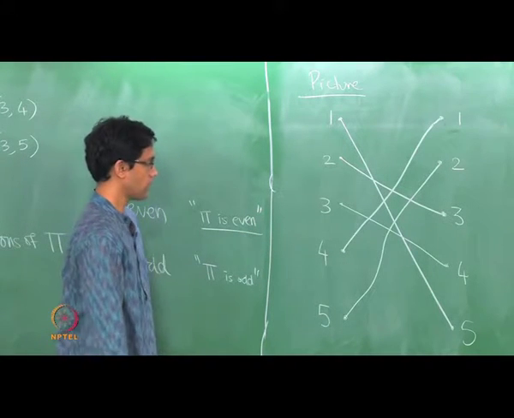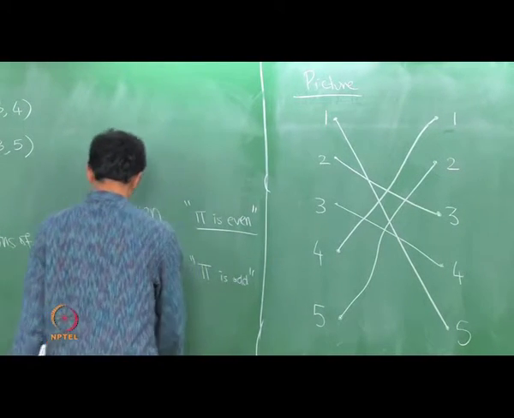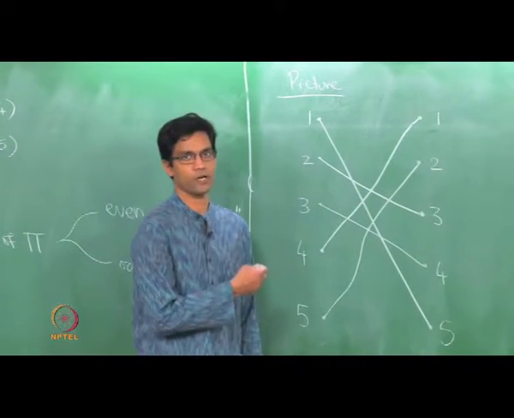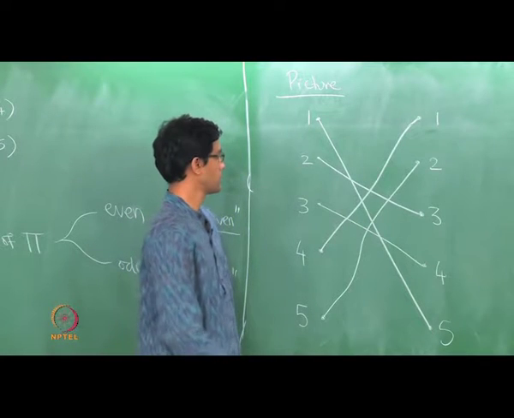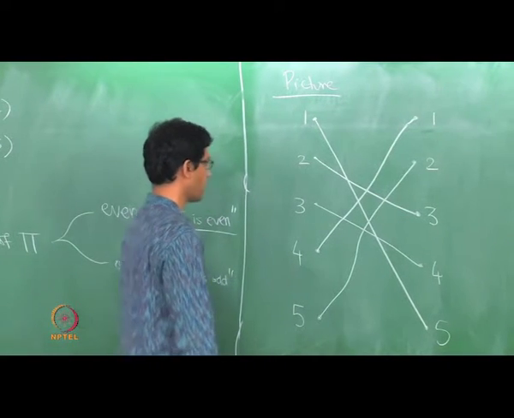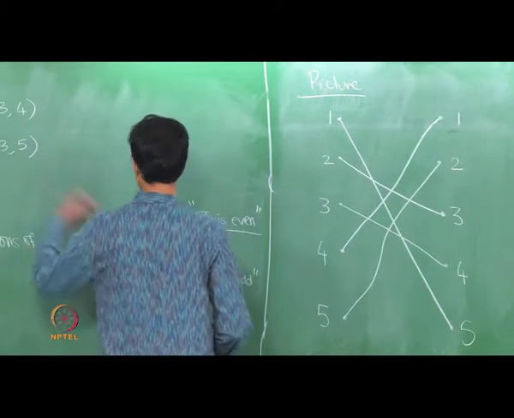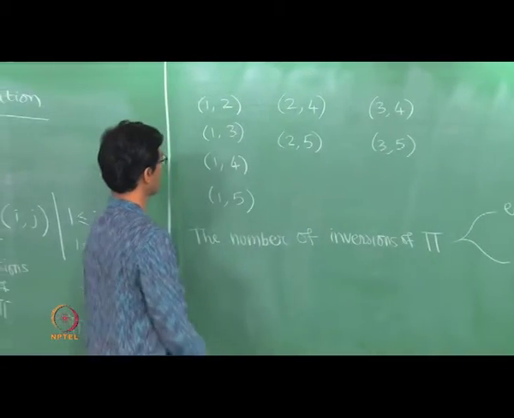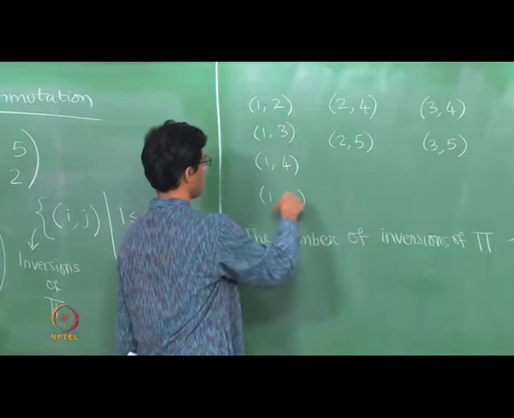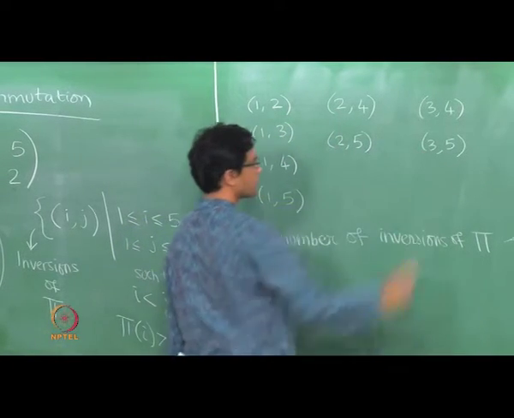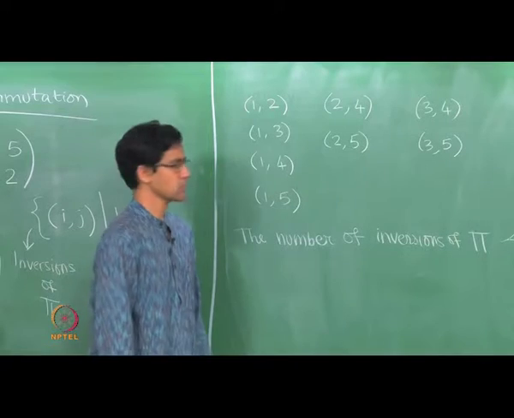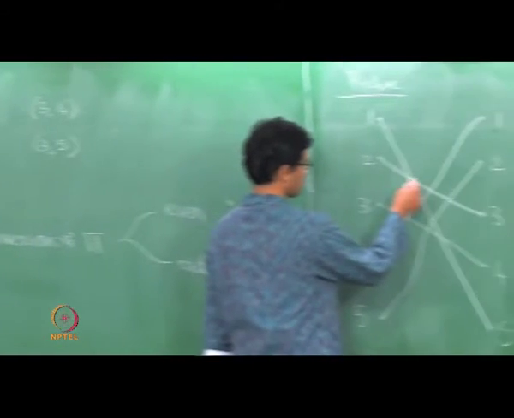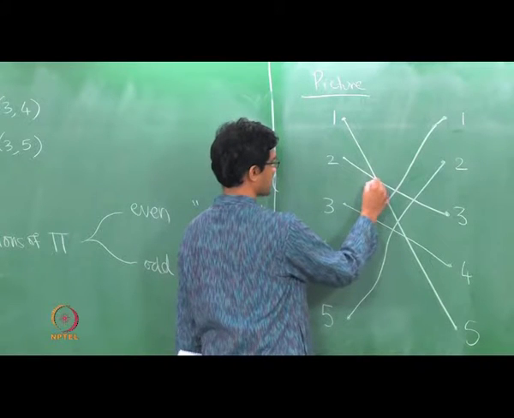Now observe that the set of inversions has a very simple interpretation in terms of this diagram. Let us see how many inversions we had in this example: 1, 2, 3, 4, 5, 6, 7 and 8. So there are 8 inversions. Now let us look at this picture and count the number of crossings, the number of places where these lines intersect.